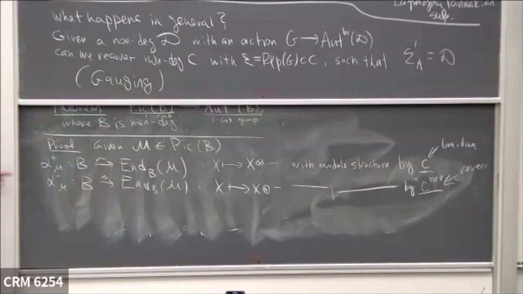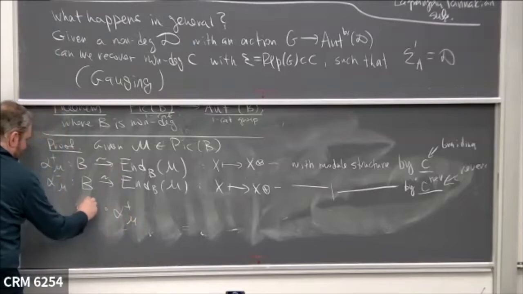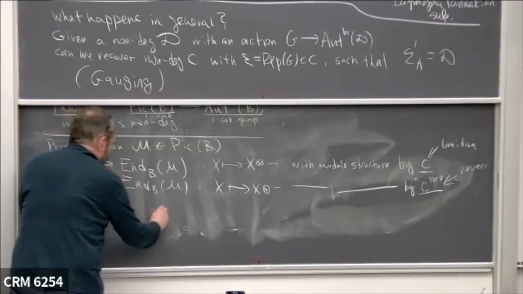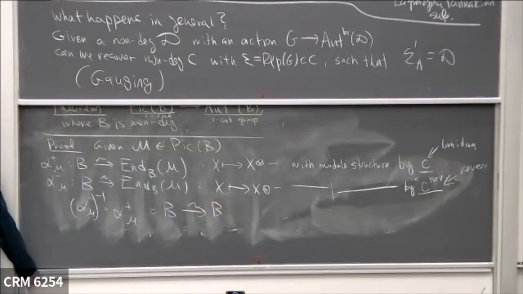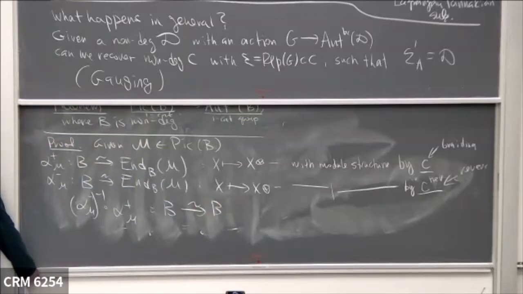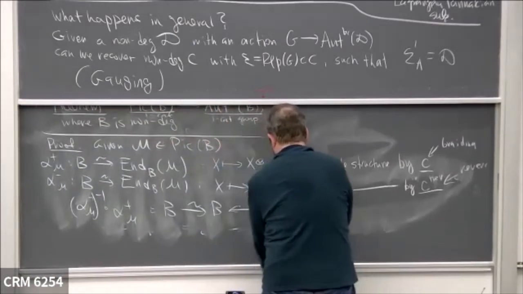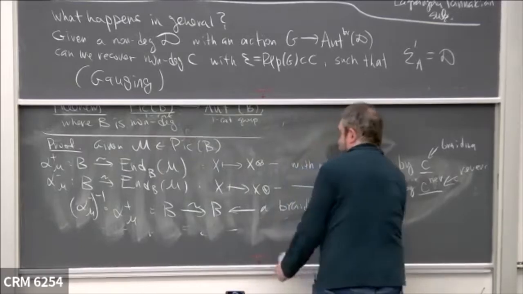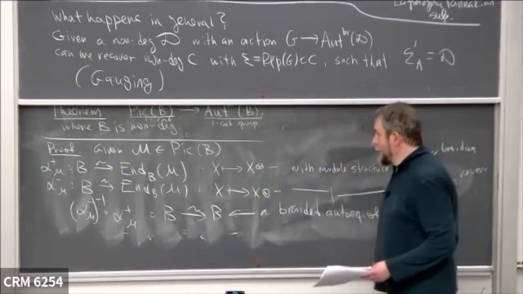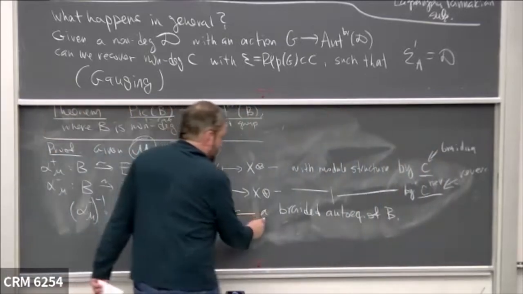So if I compose one with the inverse of another, let's say I apply alpha plus first, and then the inverse of the other, what I get is an equivalence from B to B, which turns out to be a braided anti-equivalence of B. So we went from M to a braided anti-equivalence.